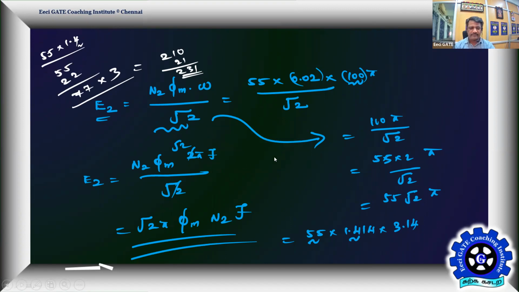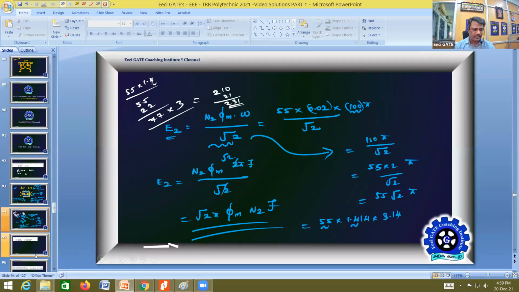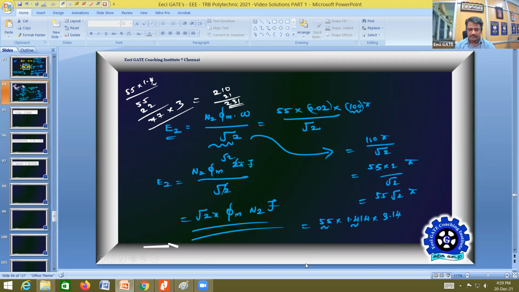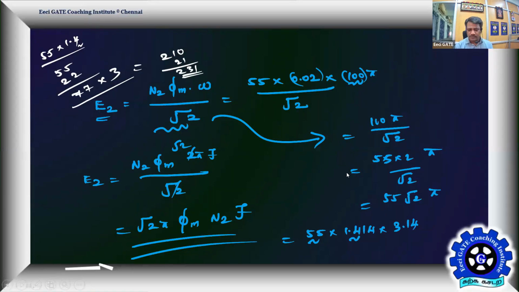Let me add one more slide. Just calculate this. After that, let me use the calculator and give me the accurate value. Do this manipulation, the examination, and get it correctly done. So it is 55 into root 2 into pi.